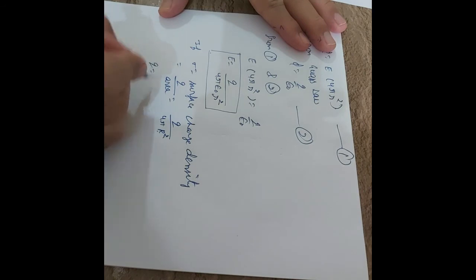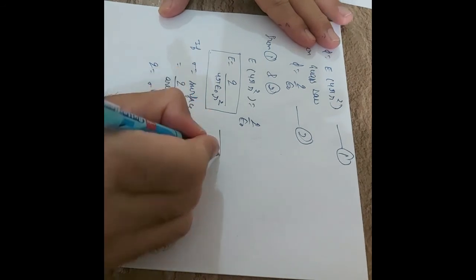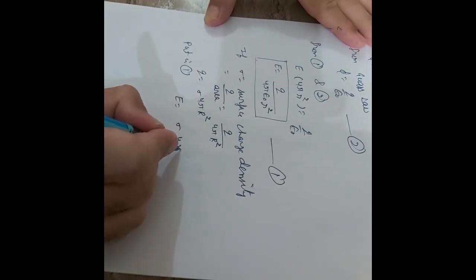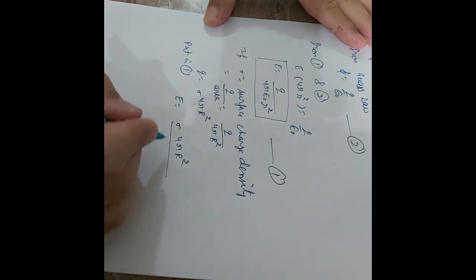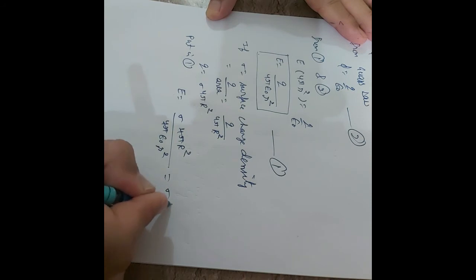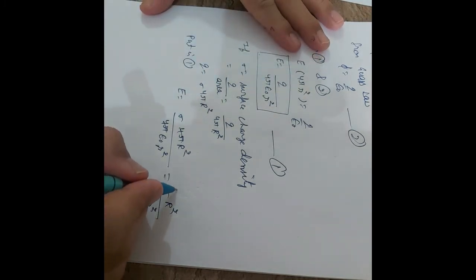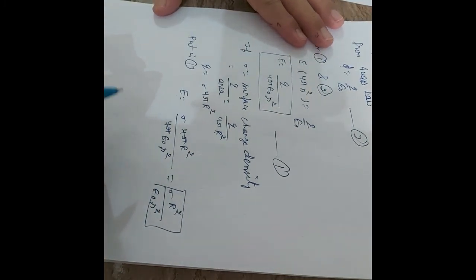So Q equals sigma 4 pi R square. Now put in 1. What I got? E equals sigma 4 pi R square divided by 4 pi epsilon naught r square. 4 pi gets cancelled, so it is sigma R square divided by epsilon naught r square. This is the expression in another form, right?